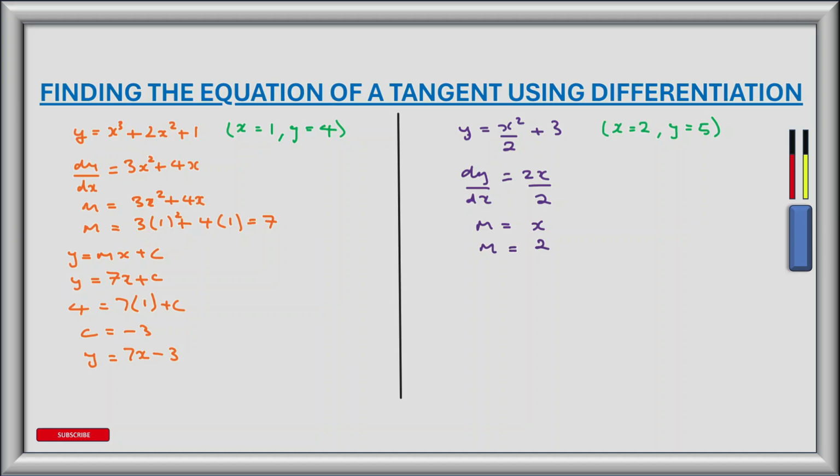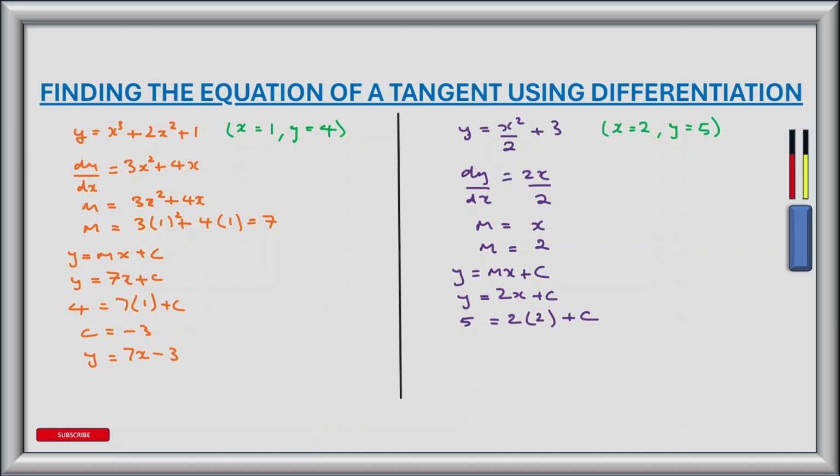So putting this into the equation of our line, which is y equals mx plus c, we get y is equal to 2x plus c. So our coordinates x is 2 and y is 5. We can use these to solve this equation for our constant c. So if y is equal to 5, 5 equals 2 multiplied by 2 plus constant c.